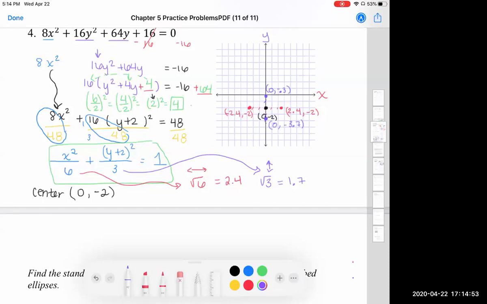All right, and that gives us our ellipse. So we can go ahead and graph it. Now, it won't look very much like an ellipse because the points are so close. It would look something like a circle.